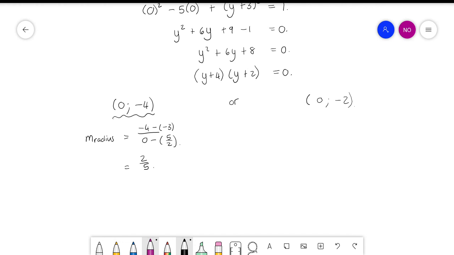Okay, en wat gaan dan die gradiënt van die raaklyn wees? Negative 5/2, né? Want jy draai hom om en jy verander die teken.